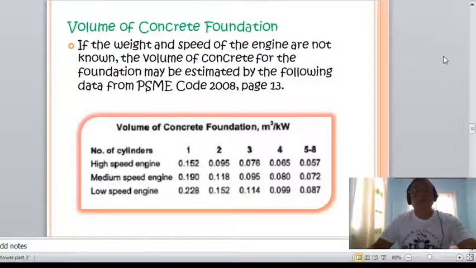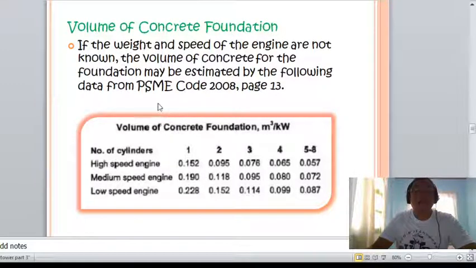Another, we have here the volume of concrete foundation. If the weight and speed of the engine are not known, the volume of concrete for the foundation may be estimated by the following data from PSME Code 2008 page 13. For number of cylinders 1, 2, 3, 4, 5 to 8, high speed engine: 0.15, 0.095, 0.076, 0.065 and 0.057.